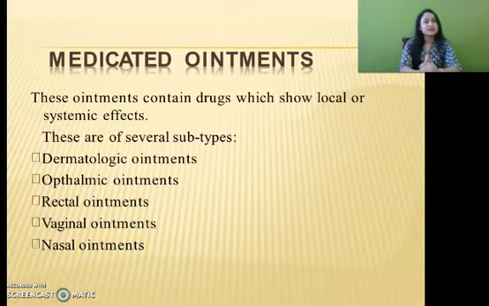Those ointments used for the skin are termed dermatological ointments, those used for the eye are ophthalmic ointments, those used rectally are rectal ointments, those used vaginally are vaginal ointments, and those used nasally are nasal ointments.